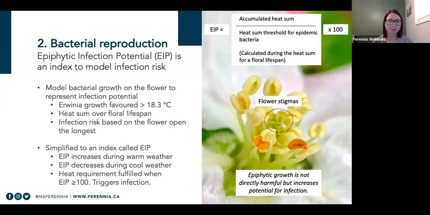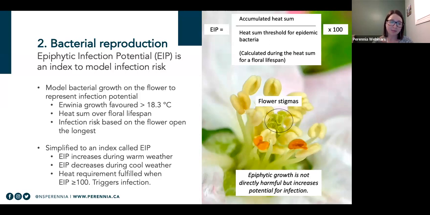So when you're looking at the model, it's considering the infection risk based on the oldest open flower that is able to support bacterial growth. Usually flowers last about 3 to 4 days, depending on the temperature. So your model is telling you what your 4-day-old flower risk would be.